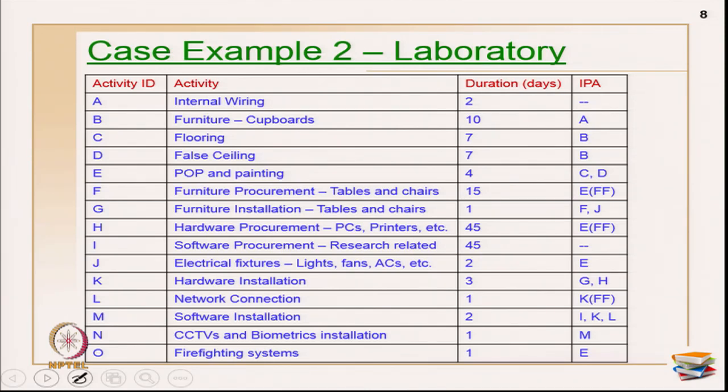For example, if the furniture has to be ordered, then the predecessor successors would have been different. This furniture has to be customized. Sometimes the relationships also change with the predecessors and successors. Okay. Now, these are the list of activities. For example, internal wiring, that was the first activity that was planned after the room was partially ready.